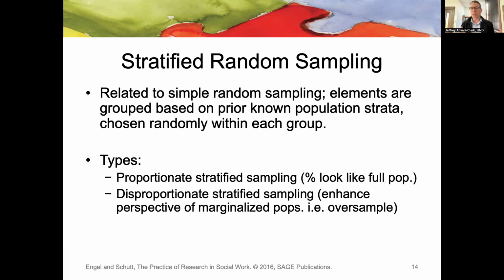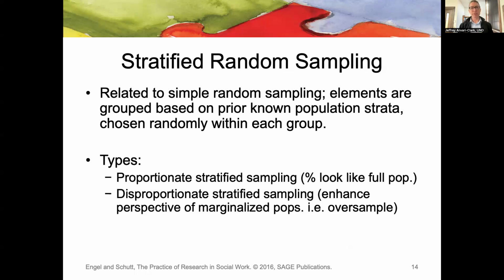Unfortunately, a lot of times these populations are left out, or they're simply lumped into an other category. And so we lose the nuance and we lose their perspective. So what we would want to do is have this disproportionate stratified sampling, where we proactively try to get more of those voices heard, to better inform our understanding of an issue.